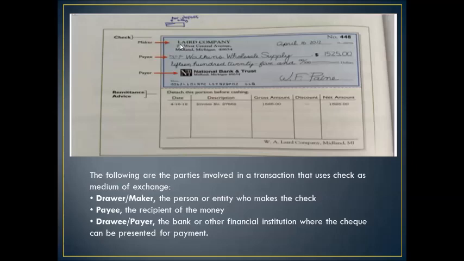So the maker is written on the check. And then sa payee, syempre ikaw magsusulat kung sinong babayaran mo. And then the amount, the date, and then meron tayong payer or the drawee, which is the bank itself. And then your signature, of course.